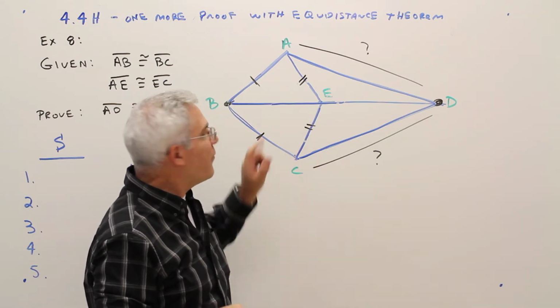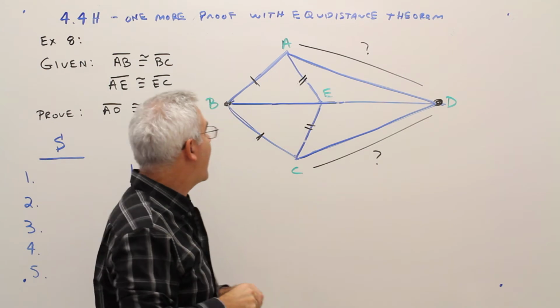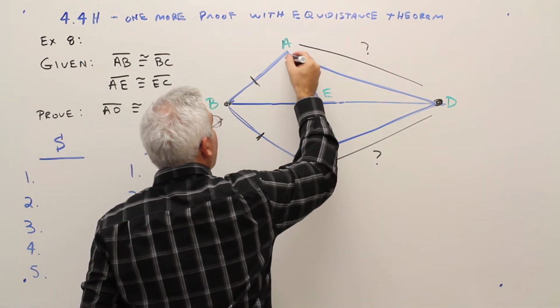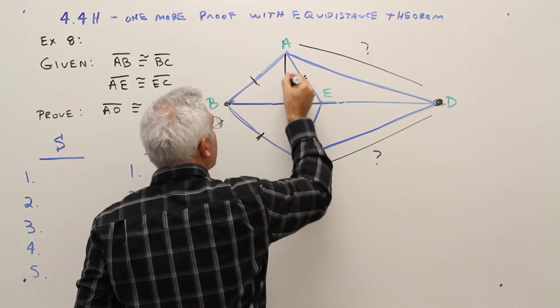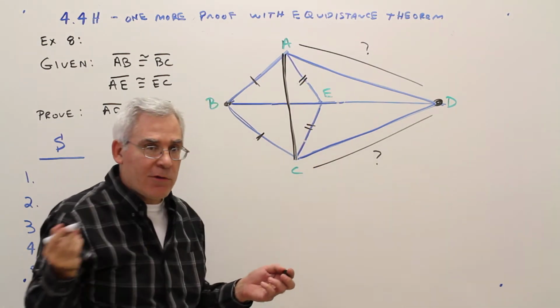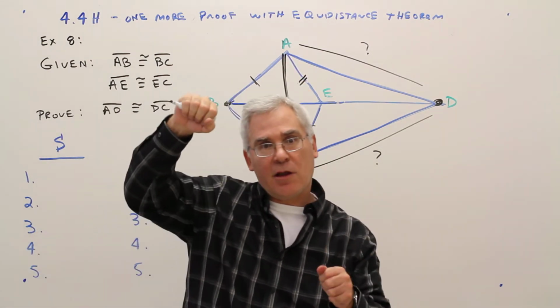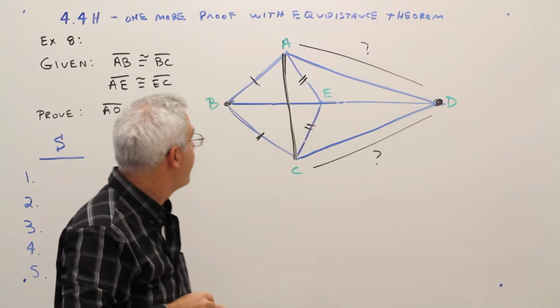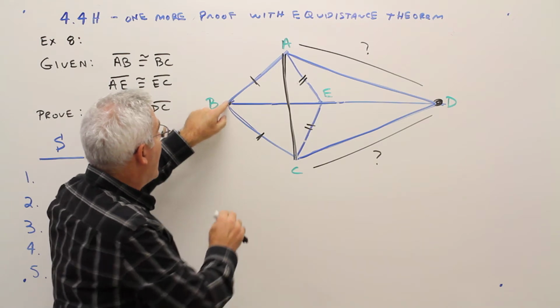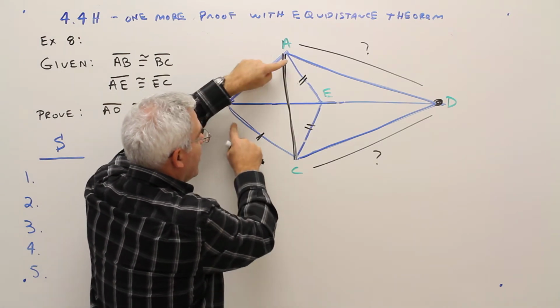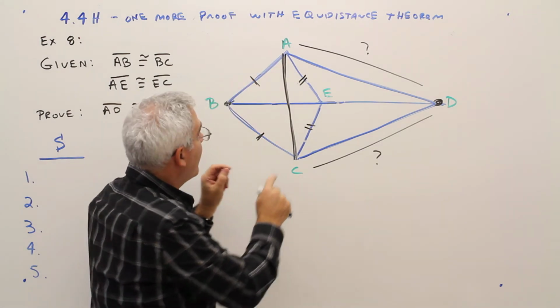Well, I don't really have this segment, but I can draw it. Let's draw in AC. We can do that, auxiliary line. Euclid's postulate says you can connect a line through any 2 points. Oh, point B is now equidistant to those endpoints.